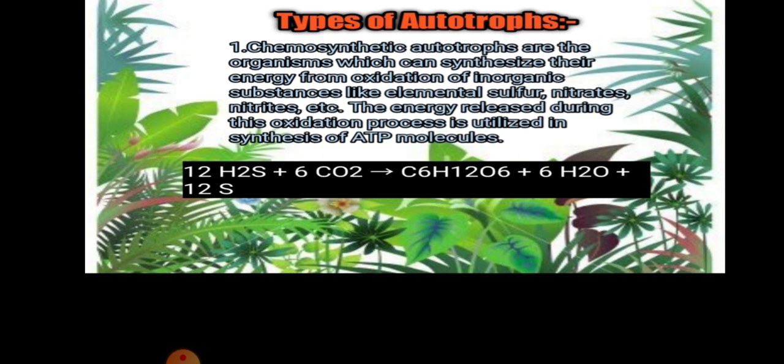Now what happens is, as we dive deep into the ocean, after a certain limit, the light cannot reach any further. So light ceases to exist. There is complete darkness underneath, and yet there are organisms which are surviving. So how do these organisms survive? They are present on the seabed near the vents.